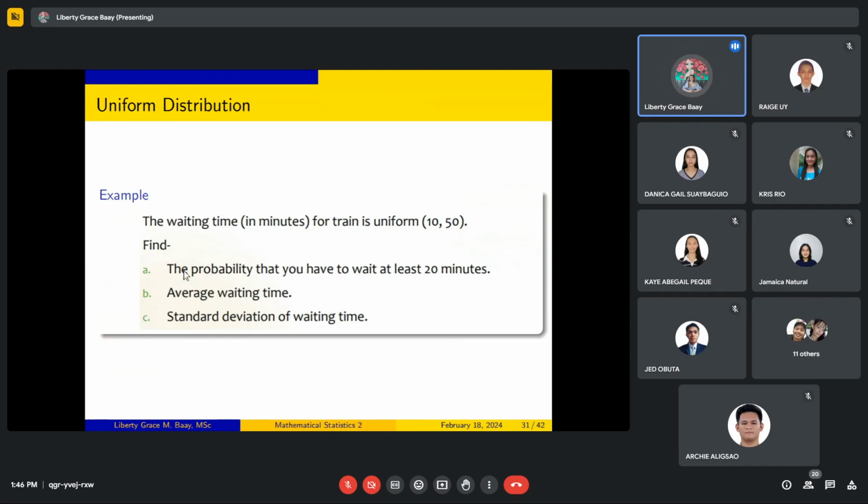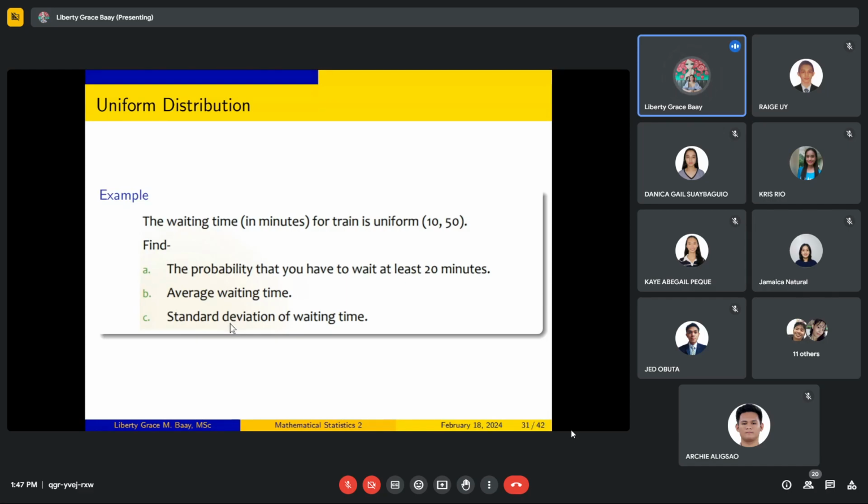First, we're going to find the probability that you have to wait at least 20 minutes. The notation for at least is greater than or equal to 20. Then we solve the average waiting time, which is simply the mean, and the standard deviation, which is the square root of the variance.